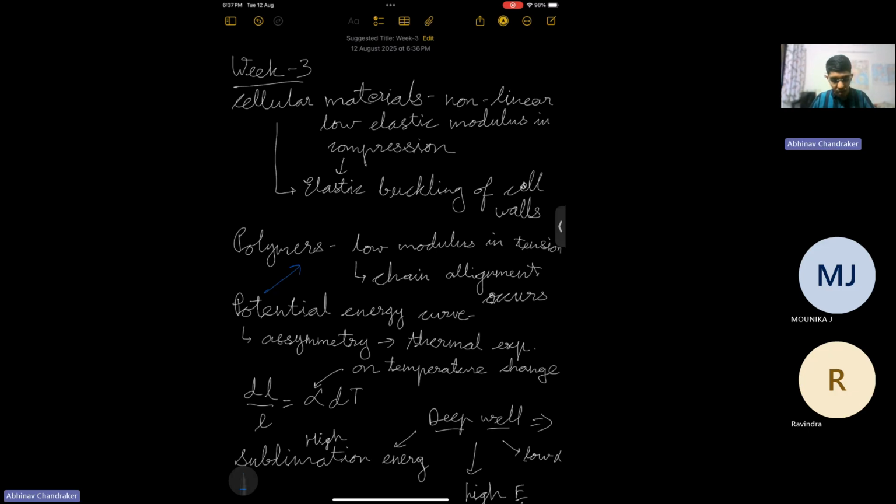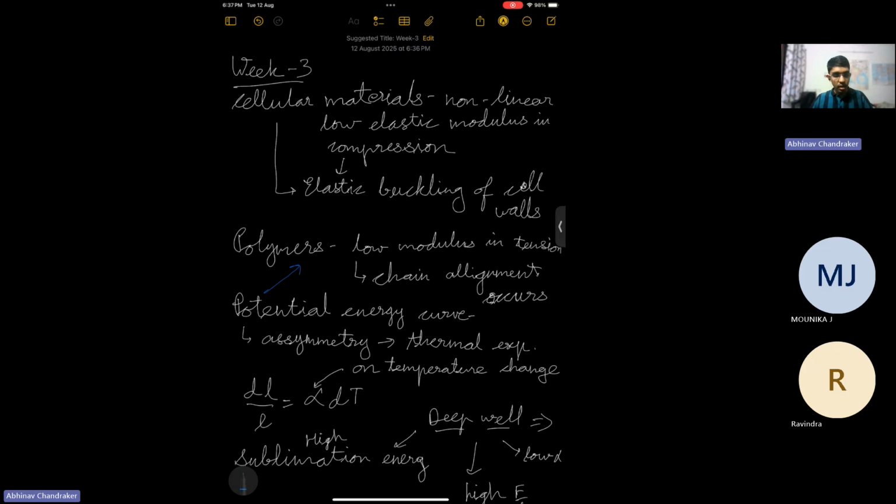But if we look at cellular materials, so materials which have a cell kind of structure, it could be either voids inside cells, like vacuum, or some gas inside the cells. So the outside boundary of the cell is made of the solid material, and inside it is empty.